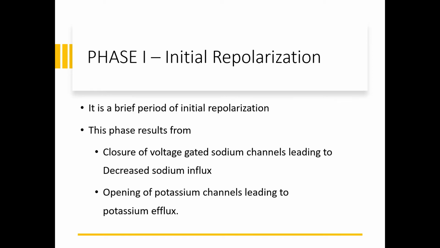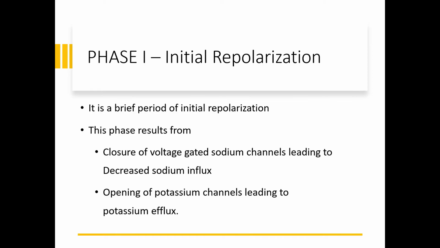During this phase, there is closure of the voltage gated sodium channels, because in the previous phase 0 we have already seen that the maximum value has been reached but the sodium channels are open. Now it is time for the voltage gated sodium channels to close. So during phase 1, closure of the voltage gated sodium channels leads to decreased sodium influx. Of course, when the sodium channels are closed, the sodium will not enter into the cell.